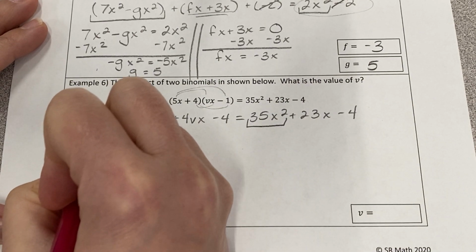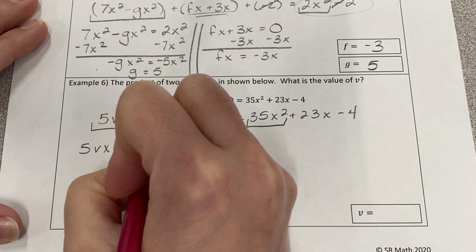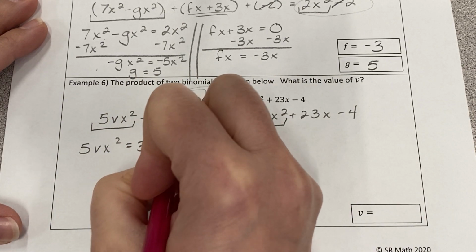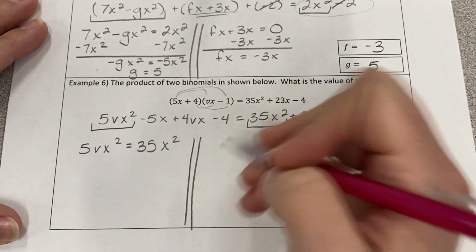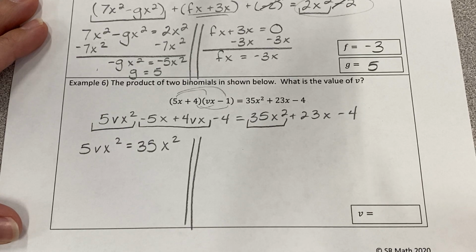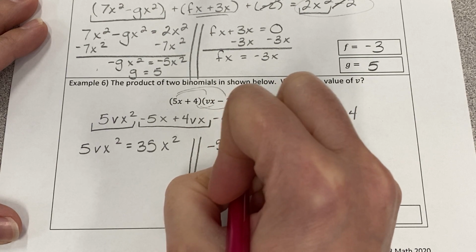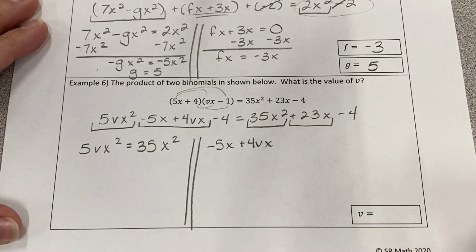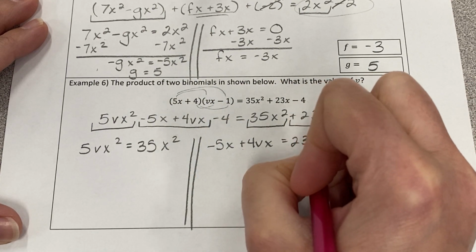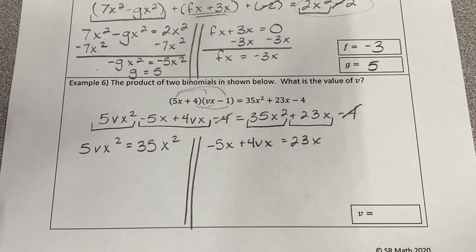So 5vx squared is equal to 35x squared. Likewise, my x terms on this side should equal my x term on this side. So negative 5x plus 4vx is equal to 23x. And negative 4, of course, is equal to negative 4.